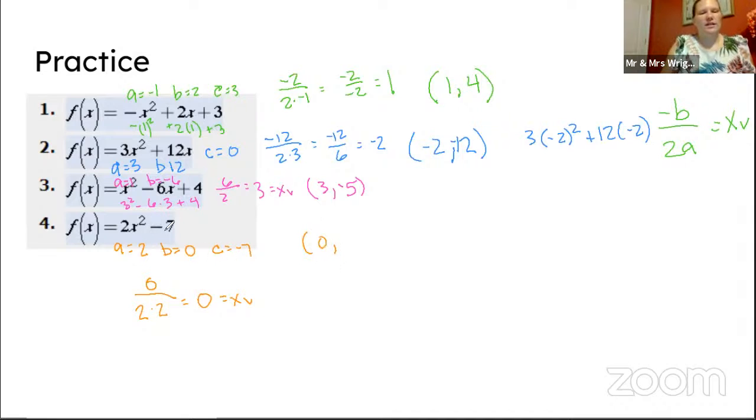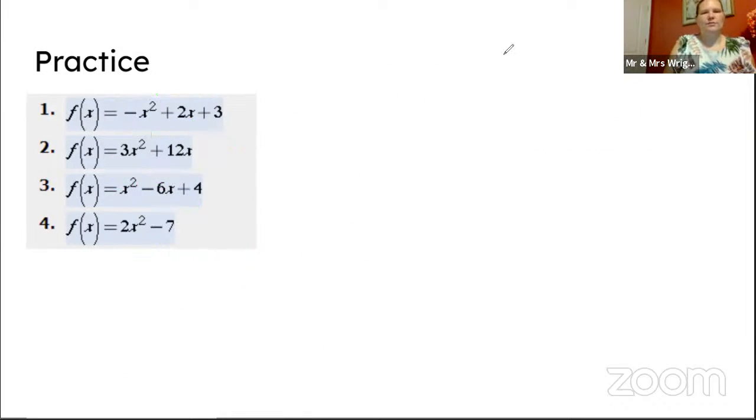Then we're going to plug that in and see what our y is. So 2 times 0 squared minus 7. 0 times itself is 0, times 2 is 0, minus 7 is going to be -7. So that is, remember, our y for the vertex, so -7. I have all 4 vertexes here. Hopefully you got the same thing as me.